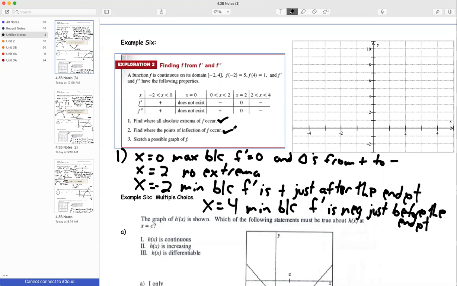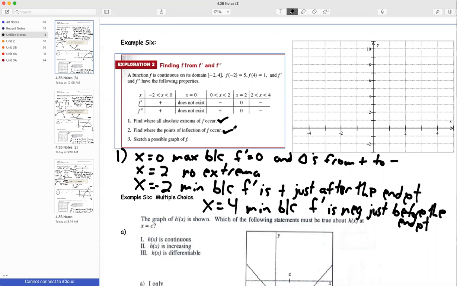It's where the second derivative is 0 or undefined. And there also has to be a sign change. So for example, at x is equal to 0, the second derivative is undefined. However, it is not a point of inflection because I've got plus and plus, it's concave up and concave up. So there's no sign change.